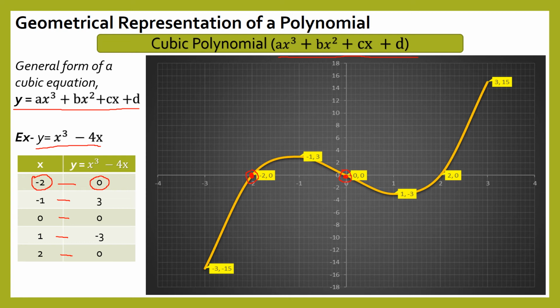And the third is (2, 0). So these are the 3 points where the curve intersects the horizontal axis. So these points are also the zeros of the cubic polynomial. So we can say that minus 2, 0 and 2 are the zeros of the polynomial.